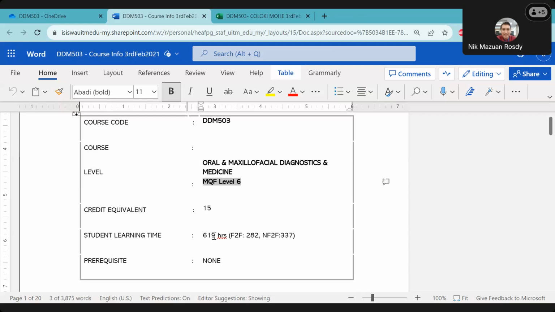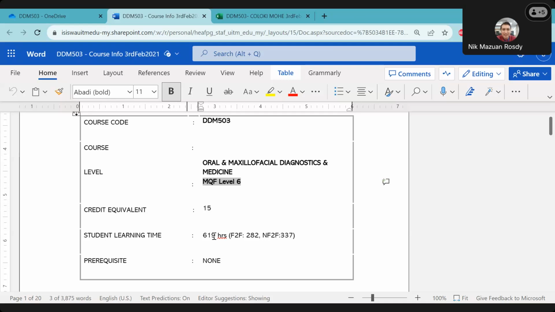If it is 0.5 and more, then you go to the next number. If you have 0.4 or less, you go to the lower number. For example, if you got 14.4, then you go to 14. If you got 14.6 or 0.5, you go to 15. Sometimes it makes a lot of difference because it will add up more to our credit hours later on.